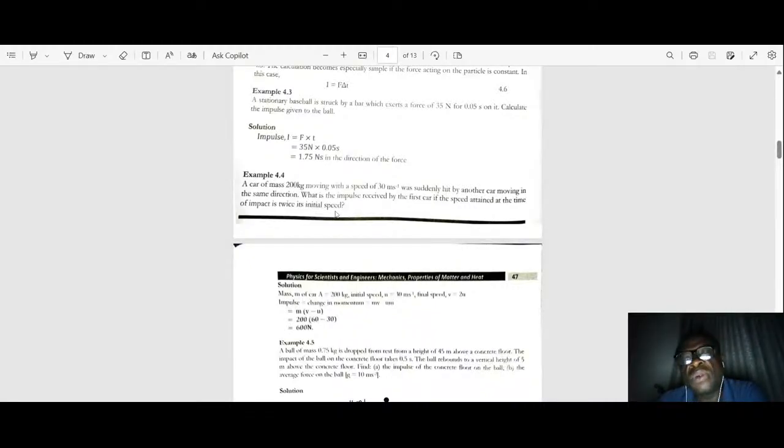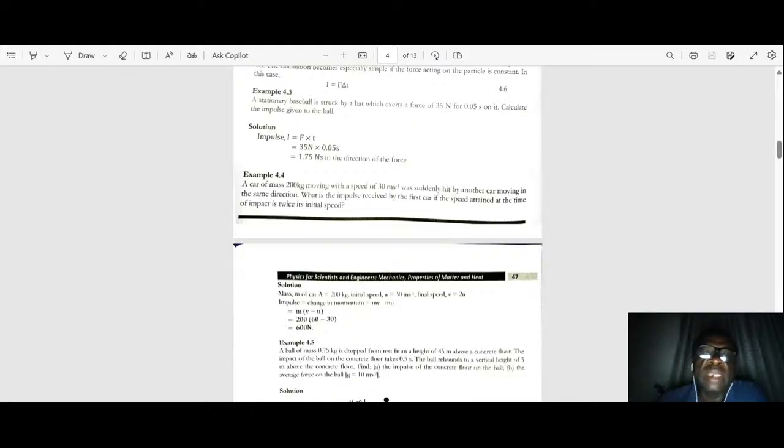This question looks technical, but it is simple. Let me repeat the question again. A car of mass 200 kg moving with a speed of 30 meters per second was suddenly hit by another car moving in the same direction.